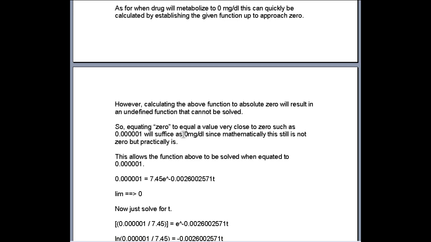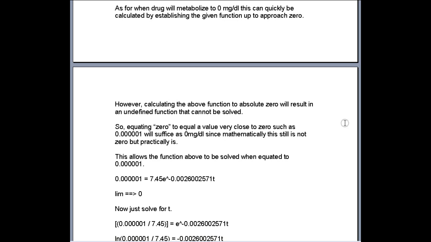So equating 0 to a value very close to 0, such as 1/1 millionth, will suffice as 0 milligrams per deciliter, since mathematically this is still not 0, but in practical applications it is, because it would be below any traceability, and it would be literally or practically 0, but technically not.